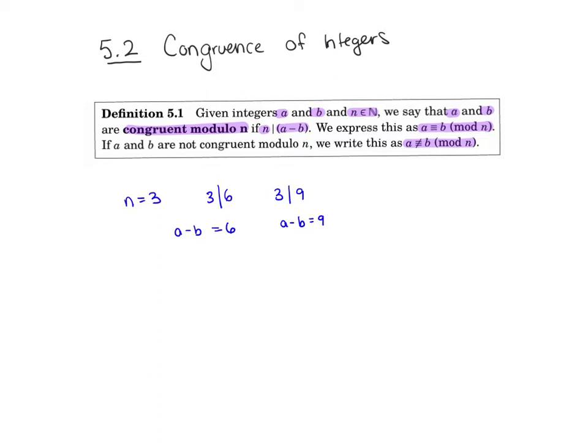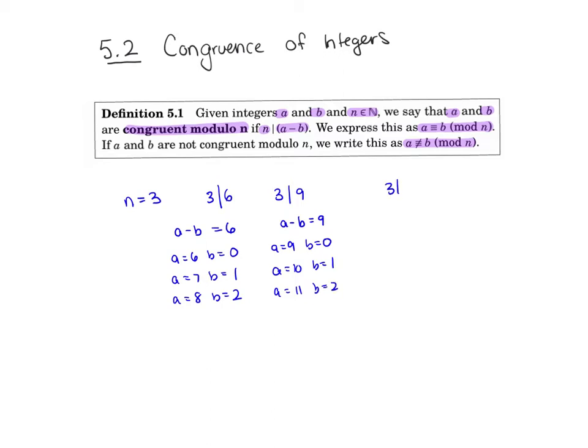So maybe I can have a be 6 and b be 0, a be 7 and b be 1, a be 8, b be 2. I could have a be 9 and b be 0, a be 10 and b be 1, a be 11 and b be 2.